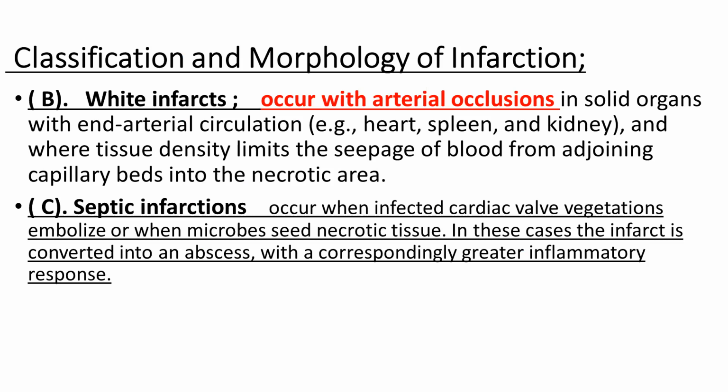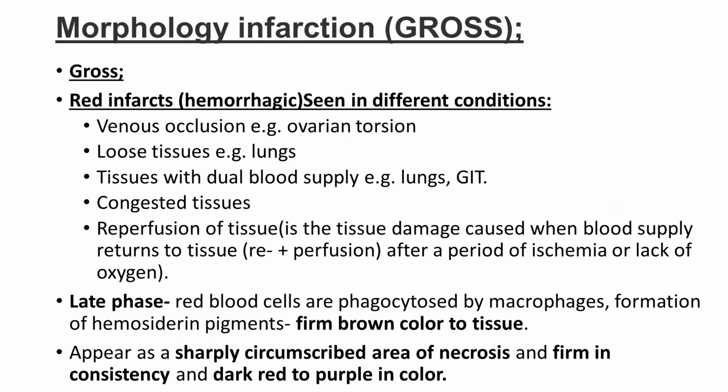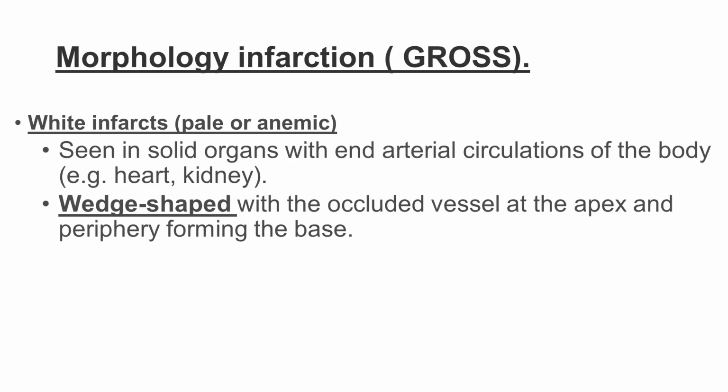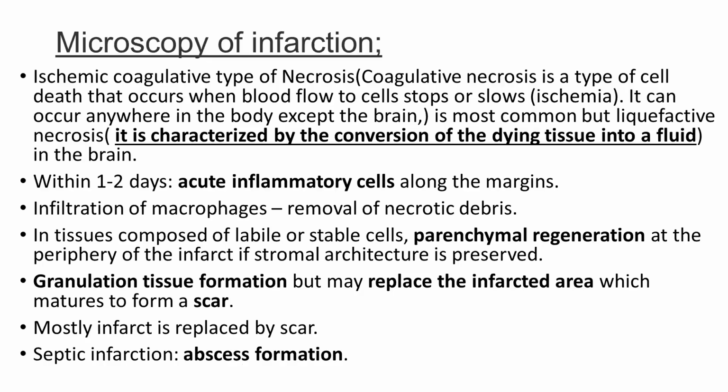Septic infarction occurs when infected cardiac valve vegetations embolize, or when microbes seed necrotic tissue. These are white infarcts. Under the microscope, there are acute inflammatory cells along the margin, infiltration of macrophages, and removal of the necrotic debris.